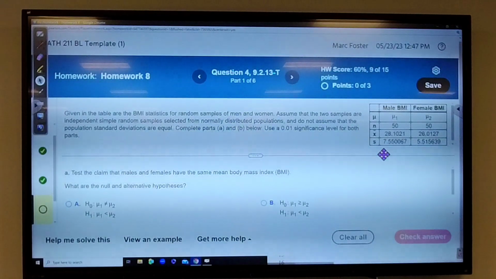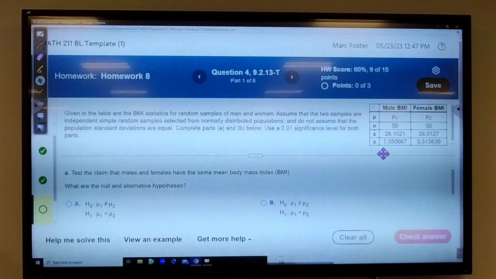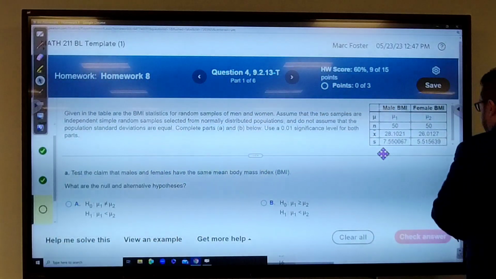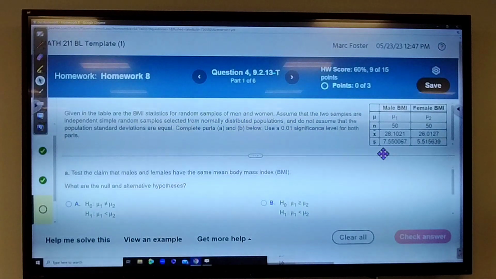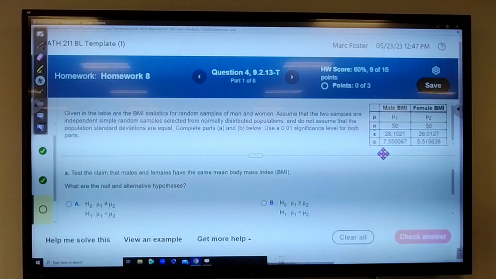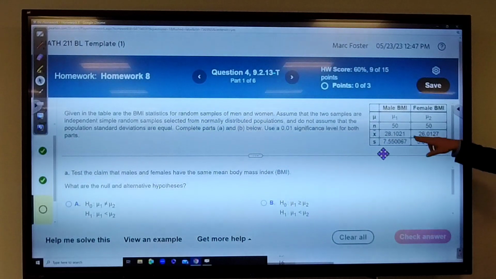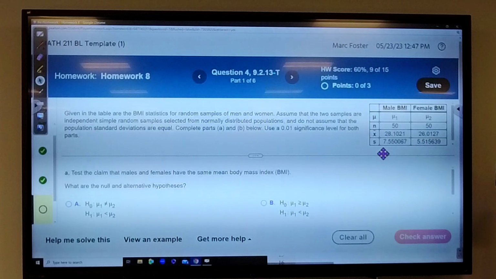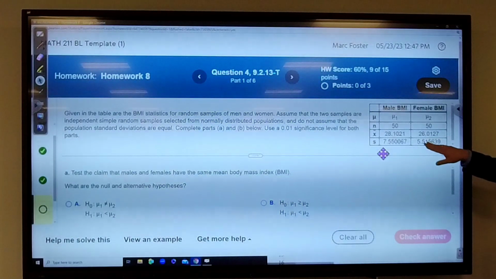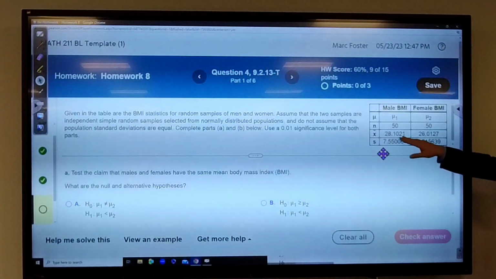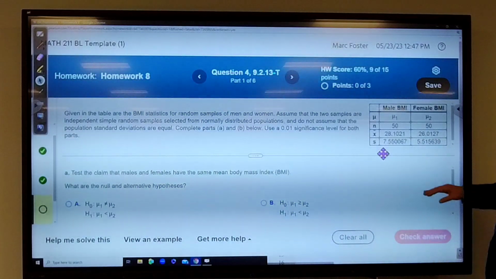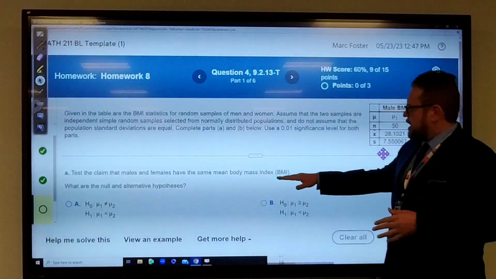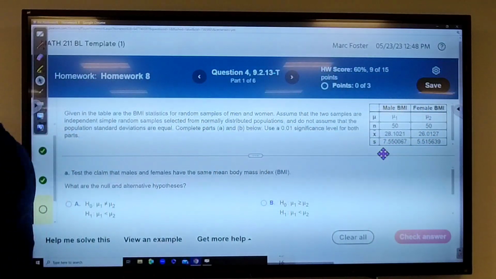All right. In fact, it's already working counter to what I expect, because it's got the male BMI higher than the female one. And then the female one has a smaller standard deviation. And what do they want us to check? Do they have the same body mass index?